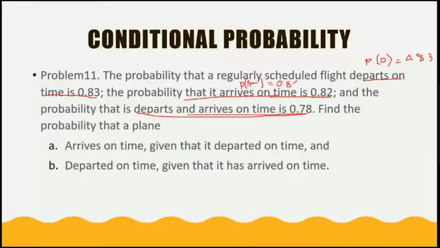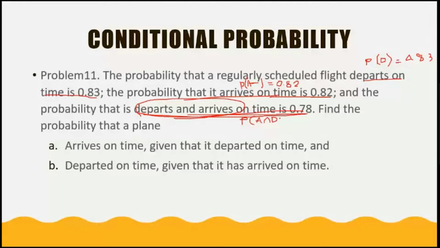And this one here, it is said that the plane departs and arrives on time. Since this uses the word and, this is the intersection of the two. So the plane departs and arrives on time.